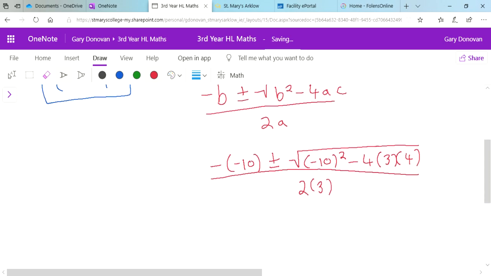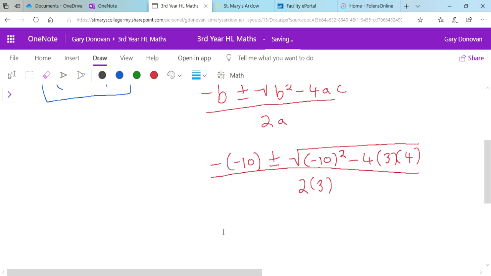Now what I suggested you do in the last video is solve the bit in the square root sign separately. So at the side you figure out what your b squared minus 4ac is, just because otherwise it gets very messy in your calculator.